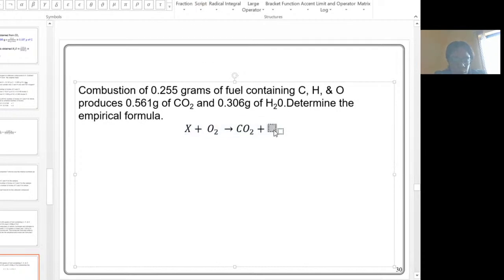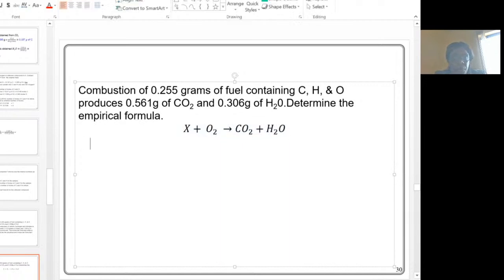This is a basic chemical reaction for combustion. We don't know the molar mass of X, so we don't know the empirical formula of X, but we do know the quantities.